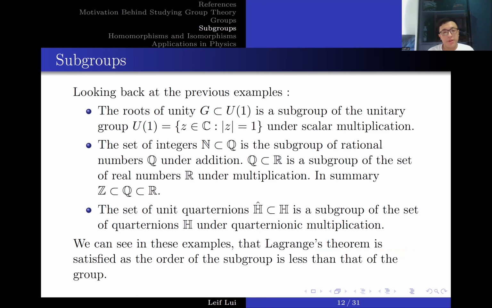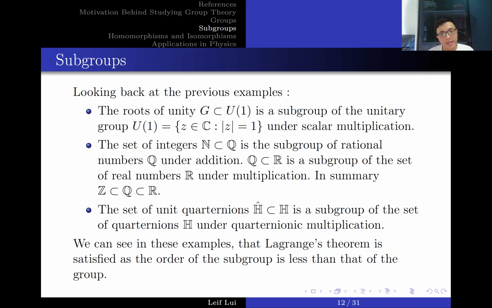The next one that we talked about was the unit quaternions, and we already discussed the infinite group and the finite group. The set of unit quaternions is a subgroup of the quaternions under quaternionic multiplication. This is quite obvious because the unit quaternions only consider plus or minus i, j, k, and 1, but the quaternions are more general.